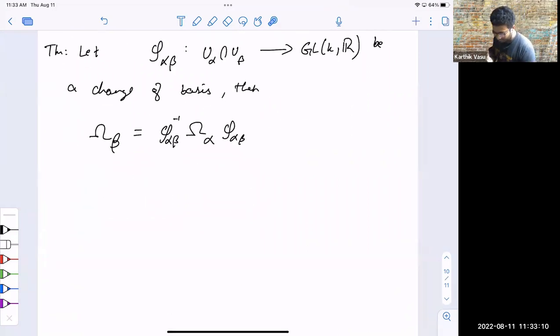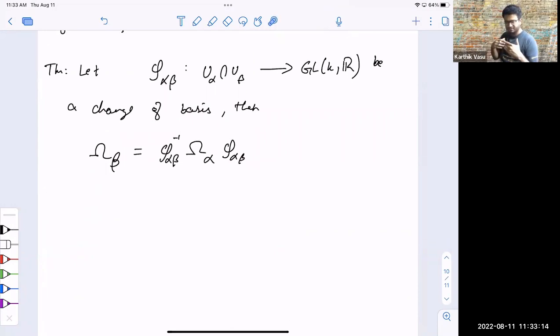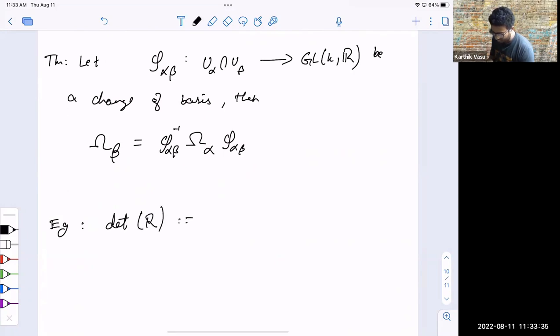So what we wanted was for it to be the same on the change of basis, but it is not. What we can do is find some function of these which does not change. For example, let me define determinant of R to be determinant of omega alpha for alpha.